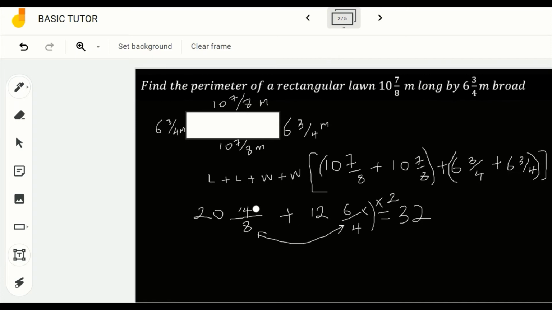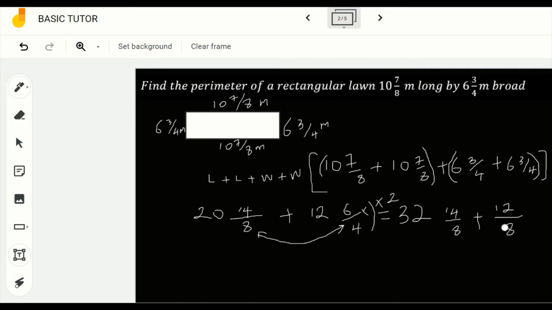So we have 14 over 8 plus 2 times 6 is 12 over, and 2 times 4 is 8.